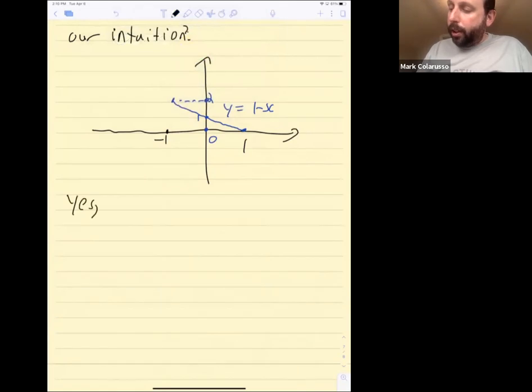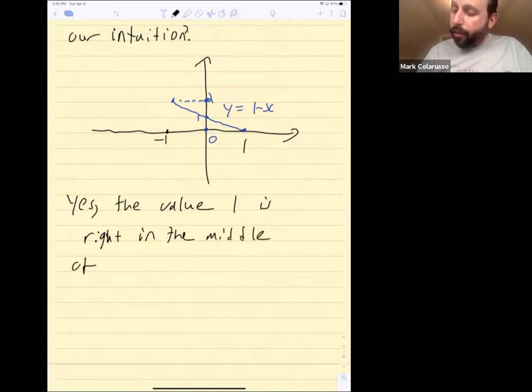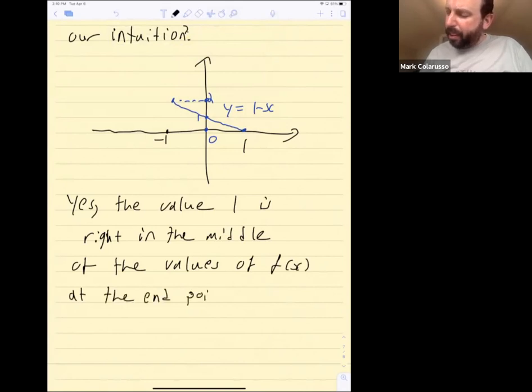So yes, the value 1 is right in the middle, is the midpoint, of the values of f at the endpoints of the interval.